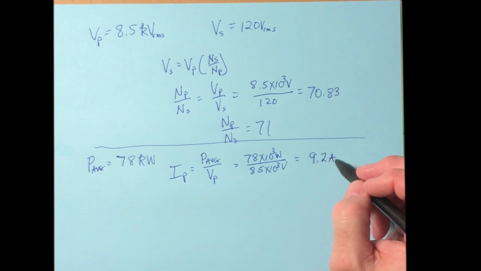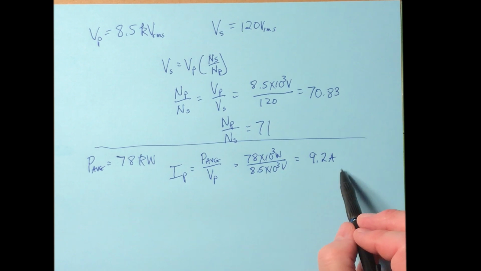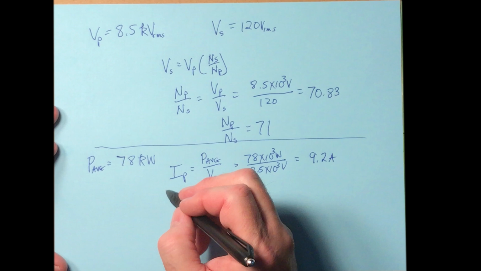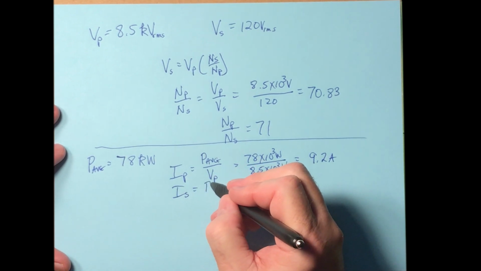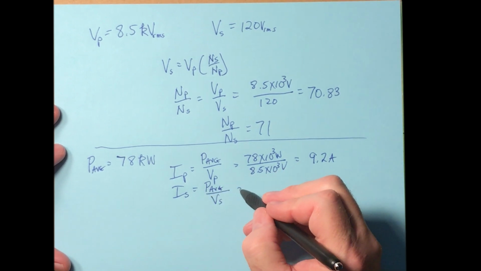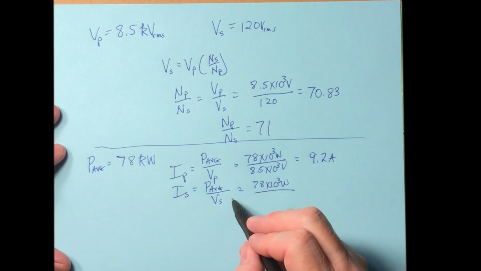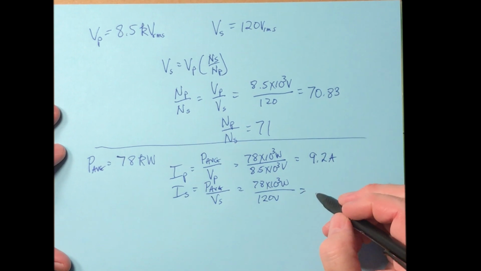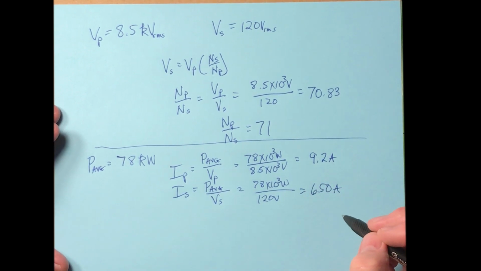That would be the current that the power company is transmitting through the power lines. Okay, what about on the secondary side? What's the current over there? Well, I sub S is equal to, same thing, P average divided by V sub S. Well, that's going to be 78 times 10 to the third watts divided by the voltage on the secondary side, which is 120 volts. This turns out to be 650 amps.